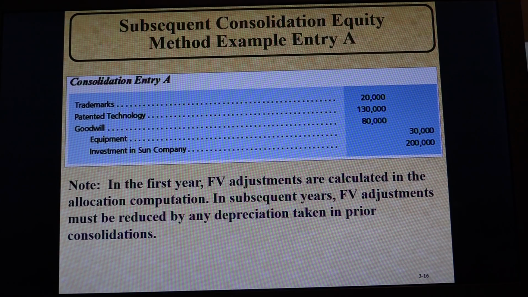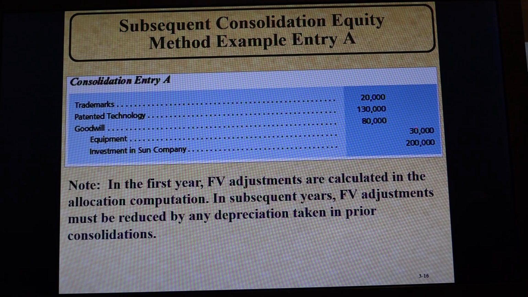Now note here, we didn't have any reduction in these amounts due to depreciation or amortization, but in subsequent years, these numbers will go down. Well, trademarks won't unless there's an impairment, and goodwill won't unless there's an impairment, but you've got this amount that will go down, $13,000 a year.